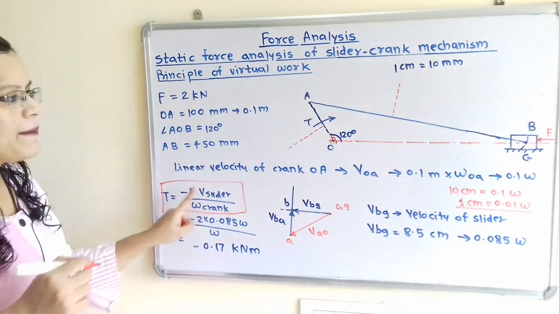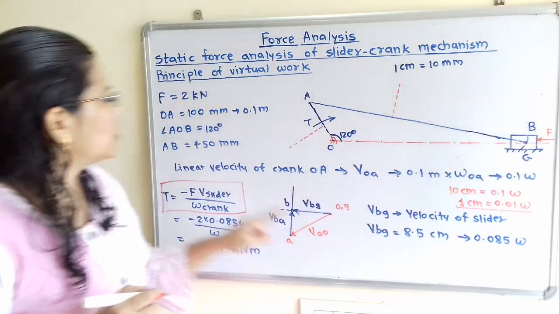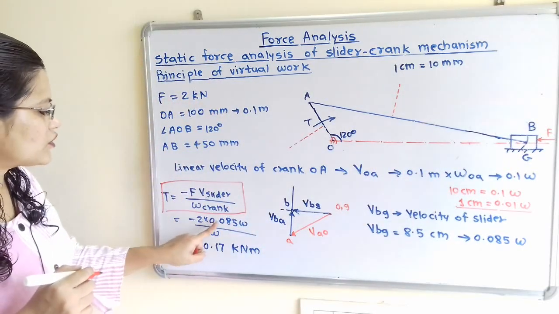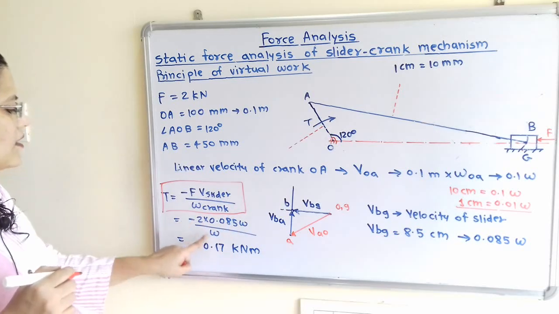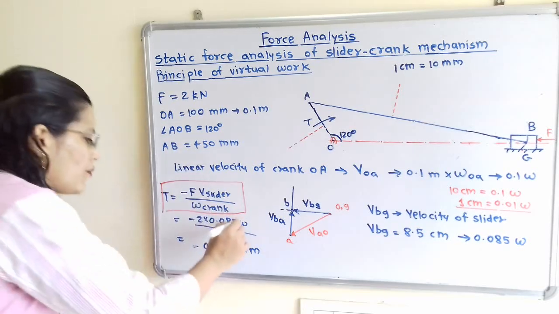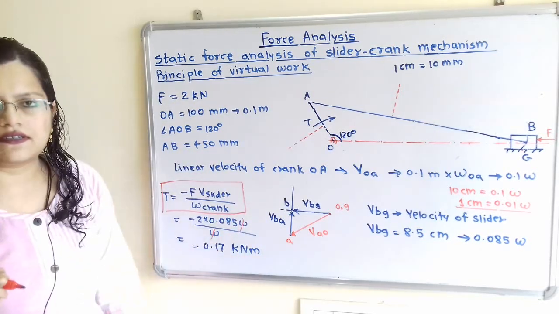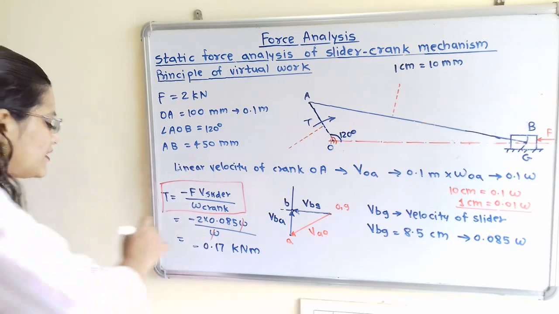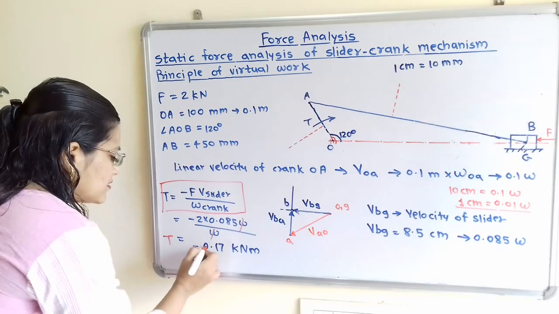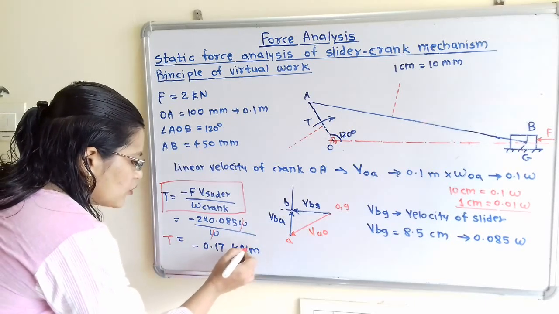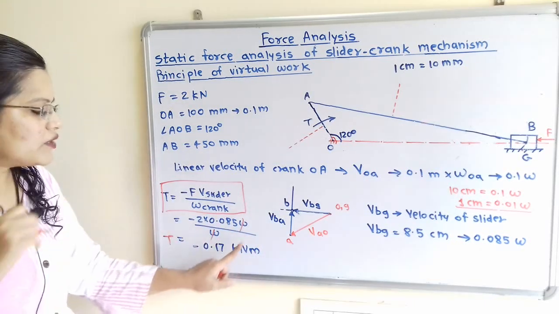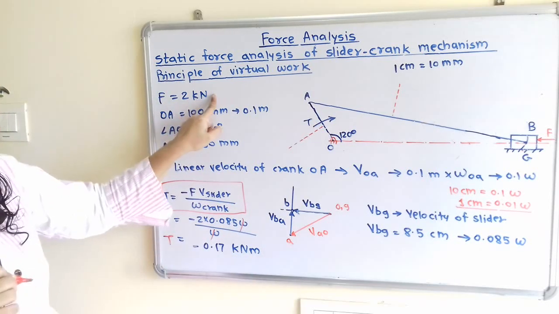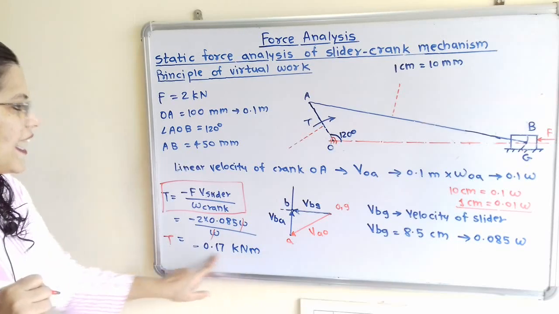Now the force applied, given in the question, is 2 kilonewton. So we write minus 2 into 0.085 omega divided by omega. Now this omega gets cancelled, and when we calculate this, we get the answer torque T equal to minus 0.17 kilonewton meter. The unit is kilonewton meter because the force applied is given in kilonewton. So this is the answer.